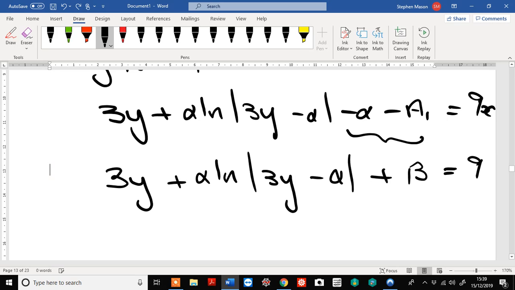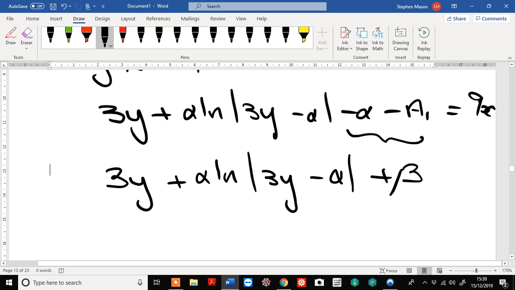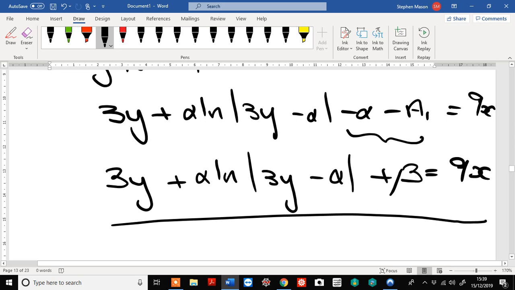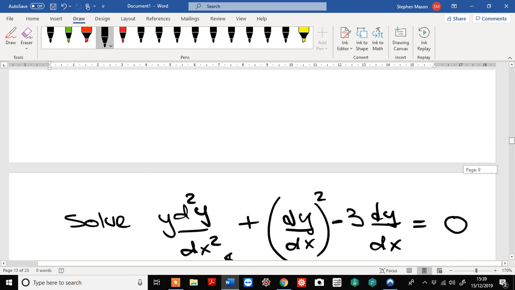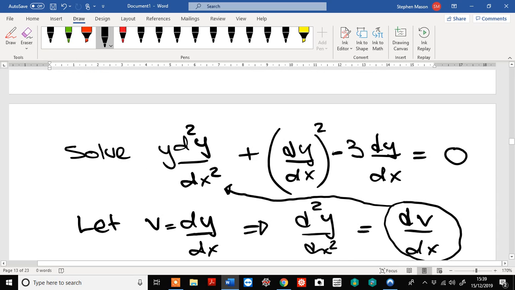I'm just going to, there wasn't much room there, let me do a better beta than that, plus beta equals 9x, and that is the general solution to the original equation, y d squared y by dx squared plus dy by dx all squared minus 3 dy by dx equals 0.